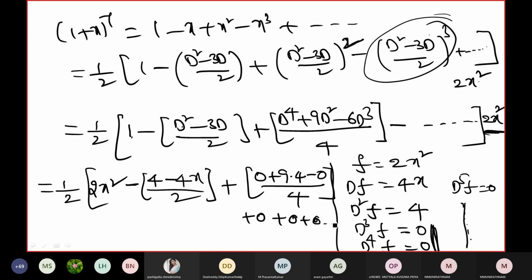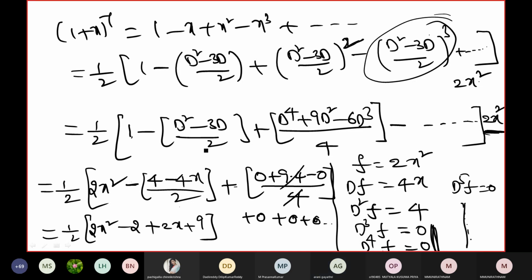So 0 0 0. Let's simplify it. This is 2x square, 4 by 2 is 2, minus of minus 4 by 2 is 2x. 9 plus 9. Sir, 3D gives 12x.